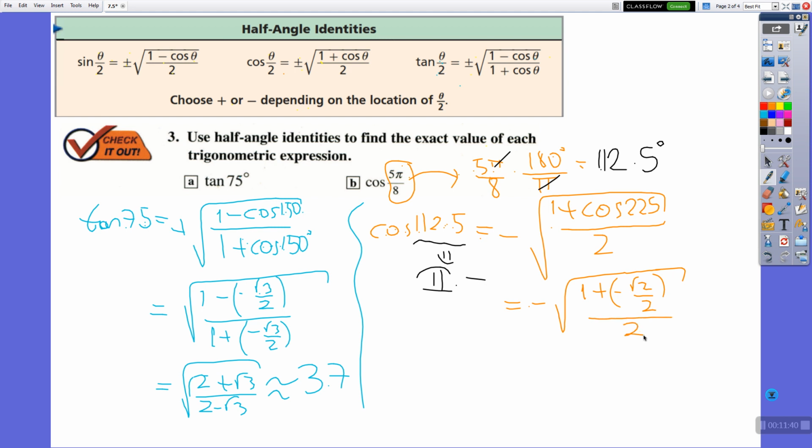I'm not going to do the calculations. You can do it on your own. So it's going to give you the result as negative square root of 2 minus square root of 2 over 2. Approximately, it will give you the result as negative 0.38.